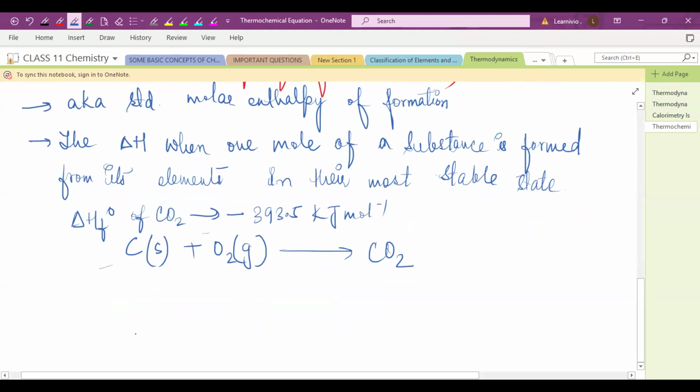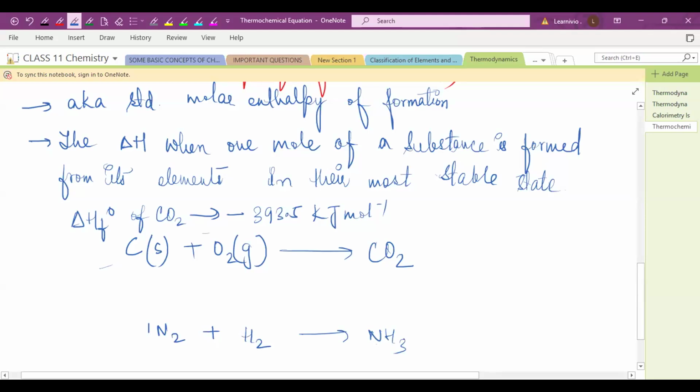Again, another example like N2 plus H2, both in the gaseous phase, forming NH3. First of all, you have to balance the chemical equation. Always, when you talk about enthalpy, this is the thermochemical equation, so always balance the chemical equation. Here there is one nitrogen, but on the other side two nitrogen.